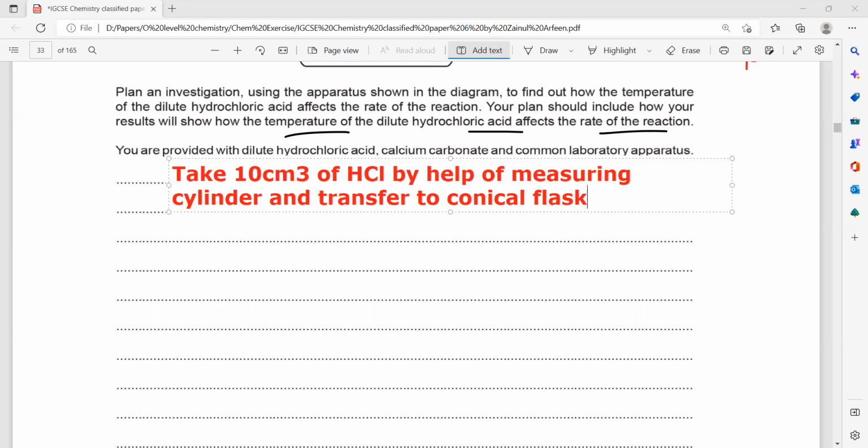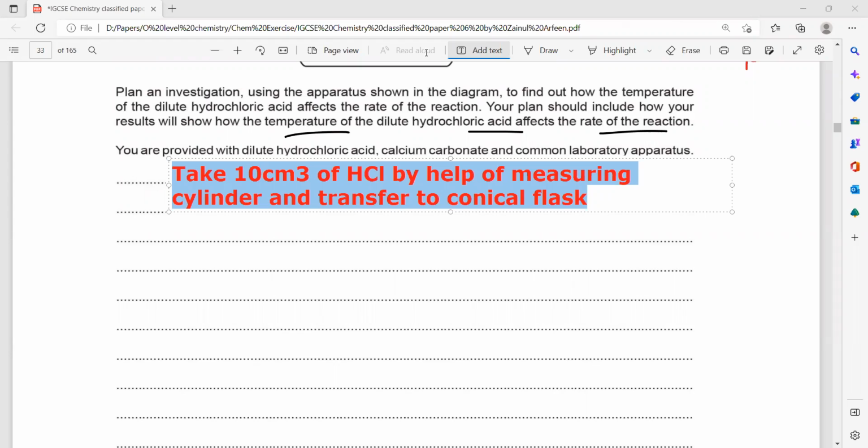That is one thing. Using a pipette, that's 10 cm cube. I cannot use a pipette. I can mention a burette is more accurate. I can mention that as well for accuracy, but here I cannot mention a pipette.